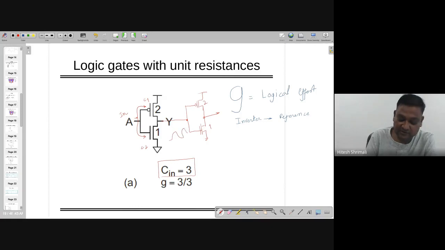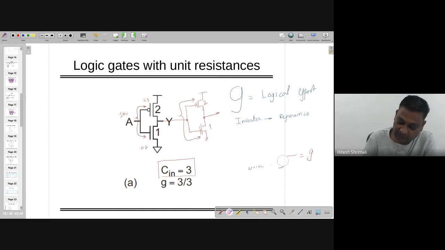You can see the rise time and fall time, or it's possible that it's not reaching the required value if these values are increasing. So I'm saying that for the input capacitance of 3, I can drive only an input capacitance of 3, right? And that is what I'm going to call the logical effort.